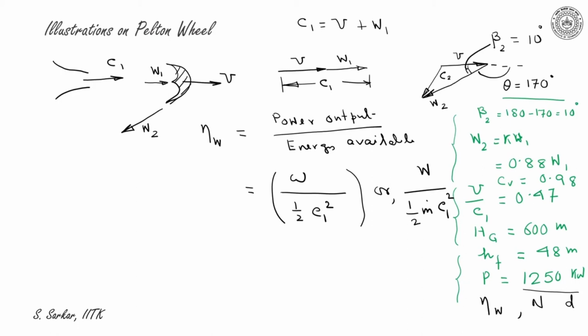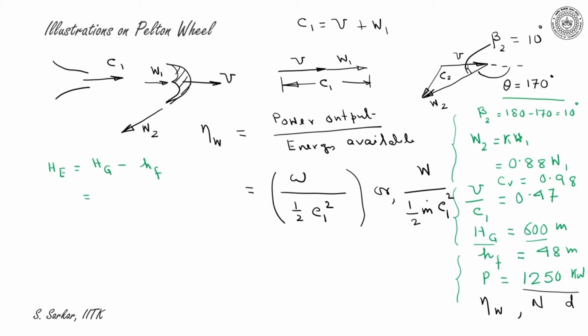Thus, now gross head is given as 600 meter. Losses in the pipeline also have been stated. So I can write now head available HE is equal to HG, that is gross head, minus head loss in the pipeline, HF.